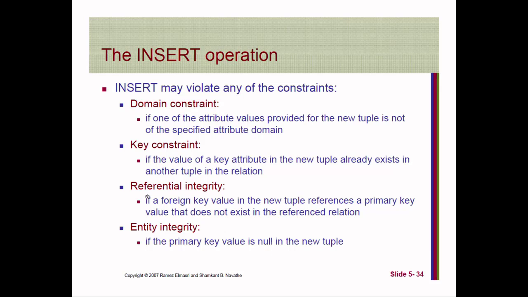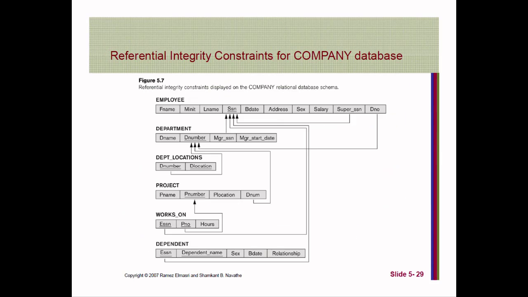And referential integrity constraints, can insert operation violate that? Let's take an example from the schema that we saw before. So let's say currently in the company there are 5 departments. So in the department table we have 5 tuples, D number 1, 2, 3, 4, 5. And let's say the user is inserting a new employee in the employee table, and for the D number attribute, he inserts value 6.